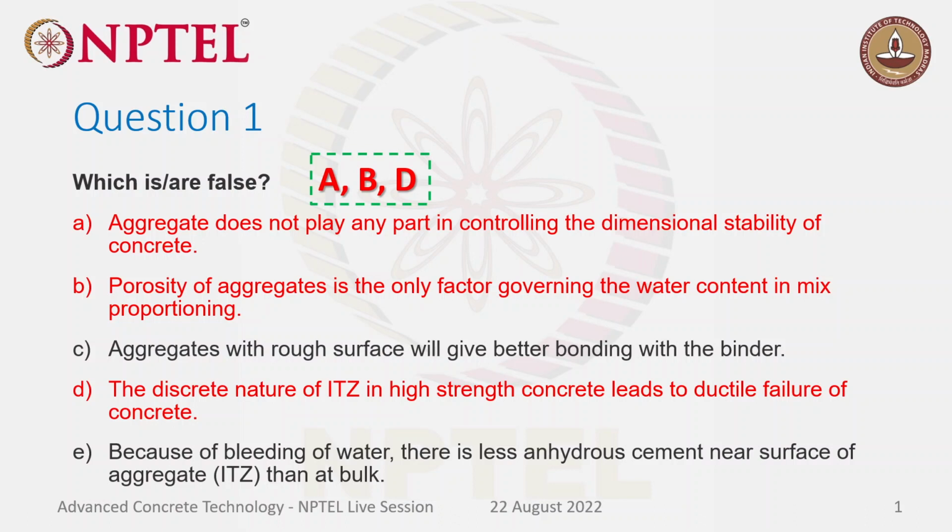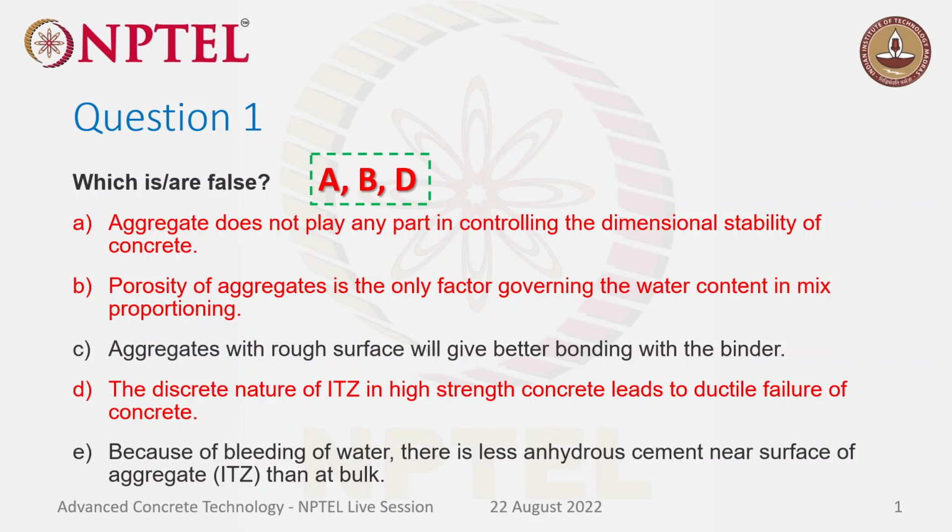That is not true, because we add the water to react with cement. So the amount of cement in the system mainly governs the water content, and then we add some more water because aggregates will readily absorb some water based on their absorption percentage. So that option is ruled out, it's false.